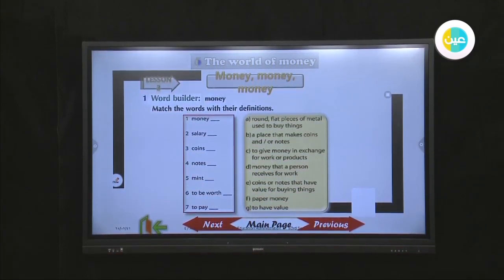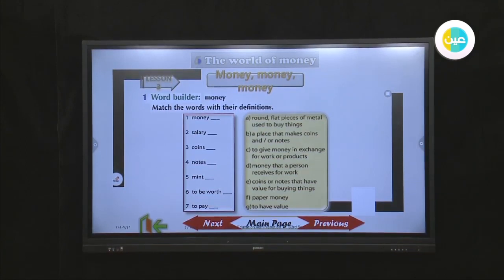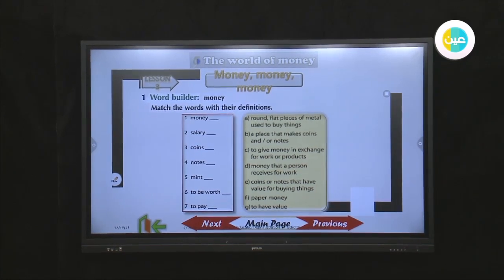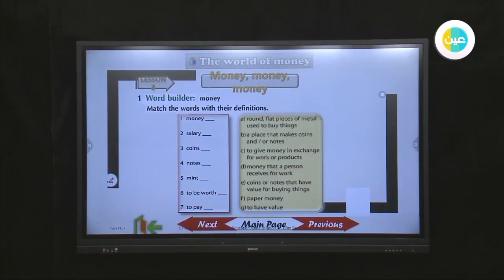The meanings are: A, round flat pieces of metal used to buy things. B, a place that makes coins or notes. C, to give money in exchange for work or products. D, money that a person receives for work. E, coins or notes that have value for buying things. F, paper money. G, to have value.